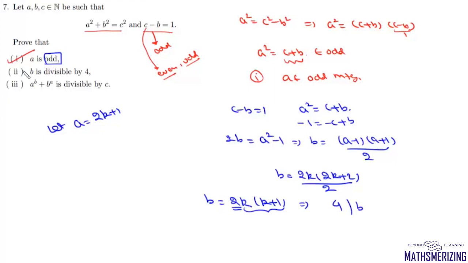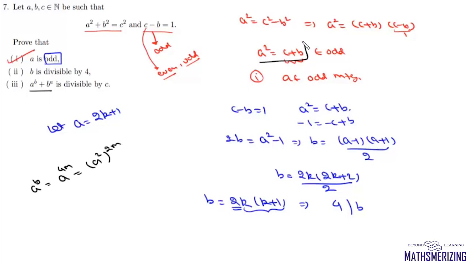Now we'll come to the third part, and that is we need to prove that A to the power B plus B to the power A is divisible by C. So let us take A to the power B. Now we have already shown that B is a multiple of 4. Then we can write B as some 4m, and we can write it as (A square) to the power 2m.